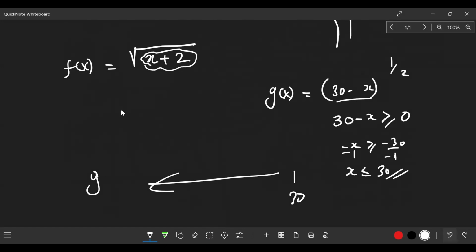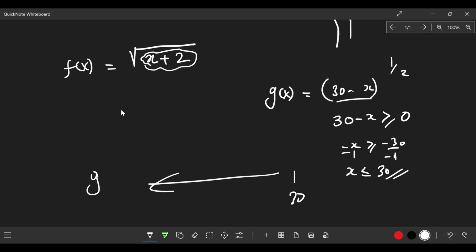But if you put a value greater than 30, for example 31, you're going to have 30 minus 31, the square root of a negative, which is an imaginary, complex number. So it's not continuous for the values greater than 30.